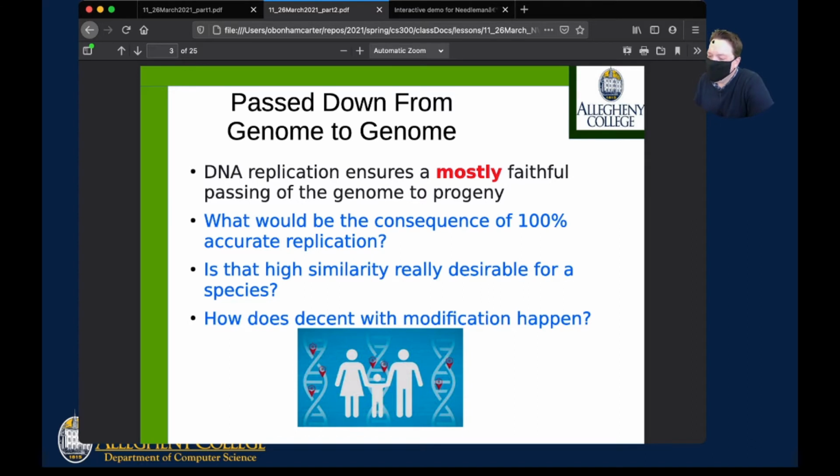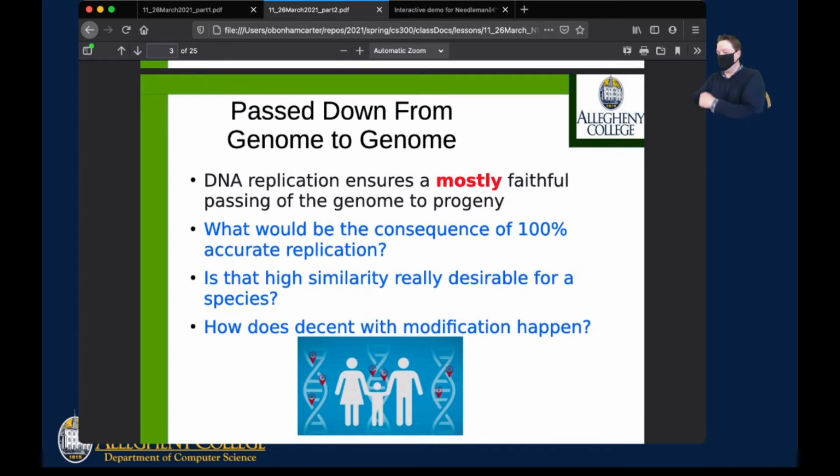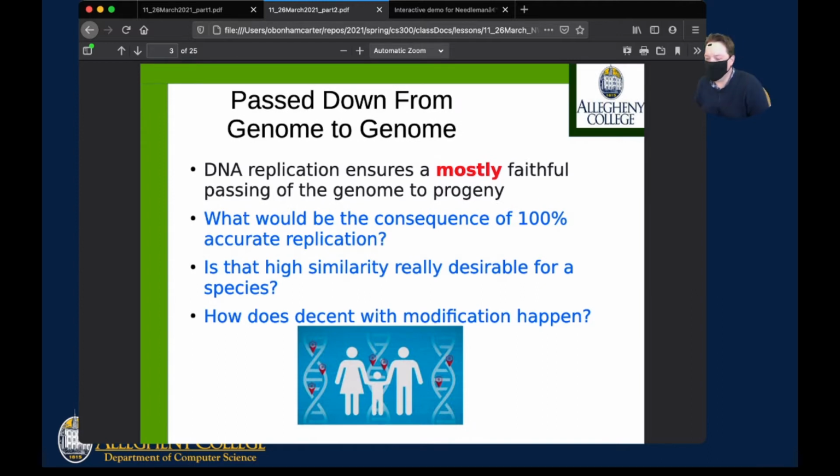So we're really talking about changes being passed from genome to genome, from parent to offspring. When the offspring gets the genes from its parents, the DNA is faithfully copied. When I say faithfully copied, I mean the genes you get from your parents are more or less the same, but you do get mutations.